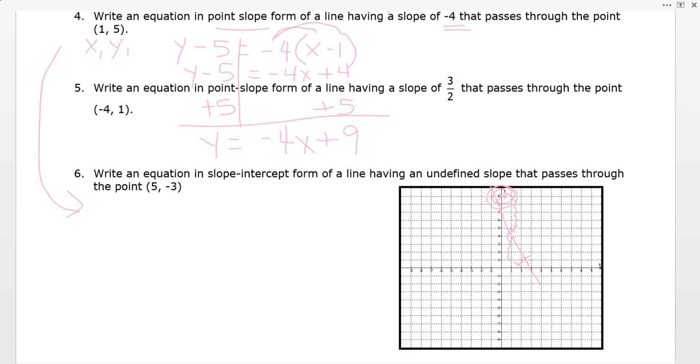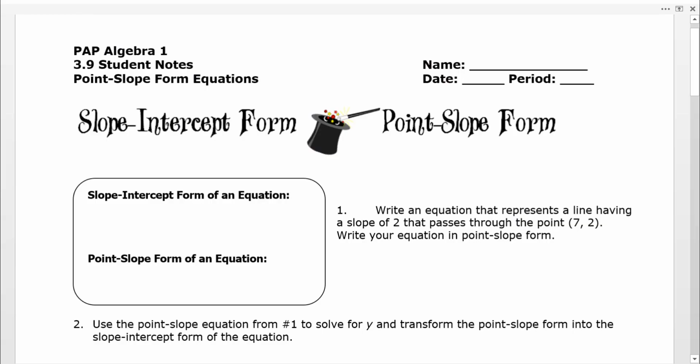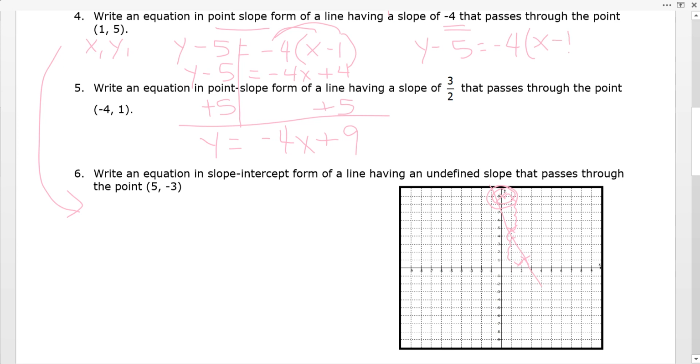We found it on our graph. So hopefully you can see that y minus 5 equals negative 4 times x minus 1 is actually the same as y equals negative 4x plus 9. Those end up being the same because it's just a different way to show the same equation without knowing the y-intercept.